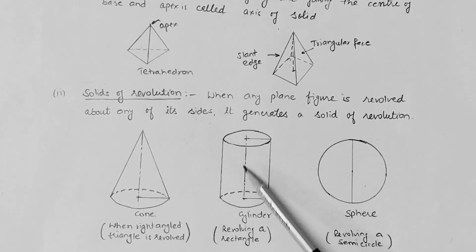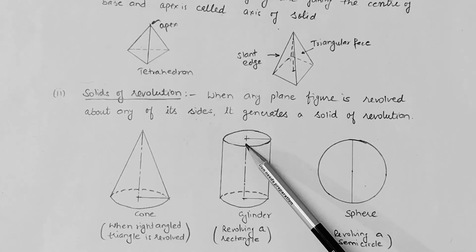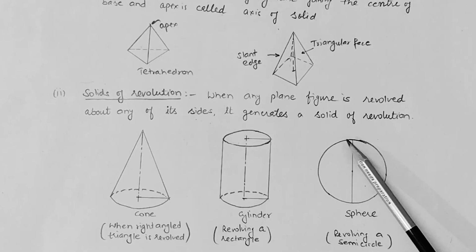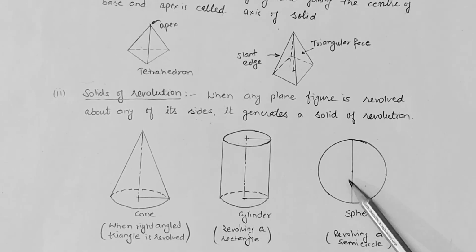Similarly, when we have a rectangle, we fix one edge and revolve this rectangle around this fixed edge, so we get the cylinder. Similarly, when we have a semicircle, we fix this edge, revolve about this axis or diameter, so we get the sphere. So these are called solids of revolution.